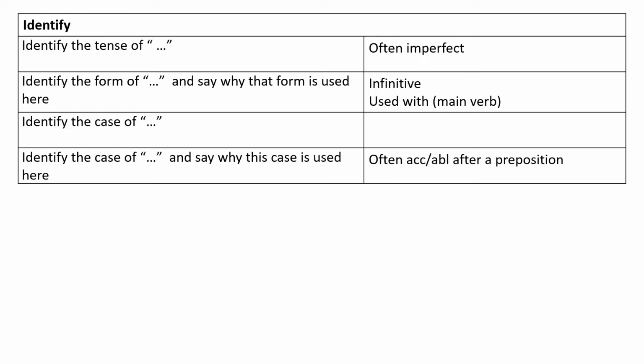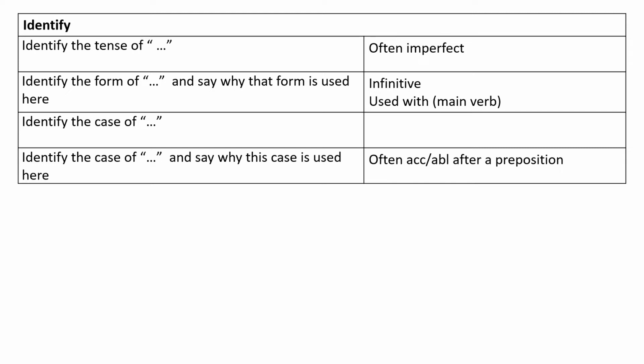Identify the case of is also a favourite of the examiners, so we'll look at some examples of that. And his most favourite version of that is identify the case of and say why this case is used. And in that scenario, most often it's because the noun is accusative or ablative after a preposition.